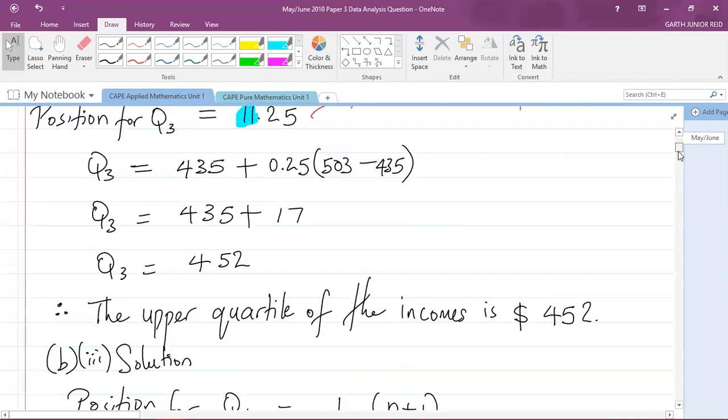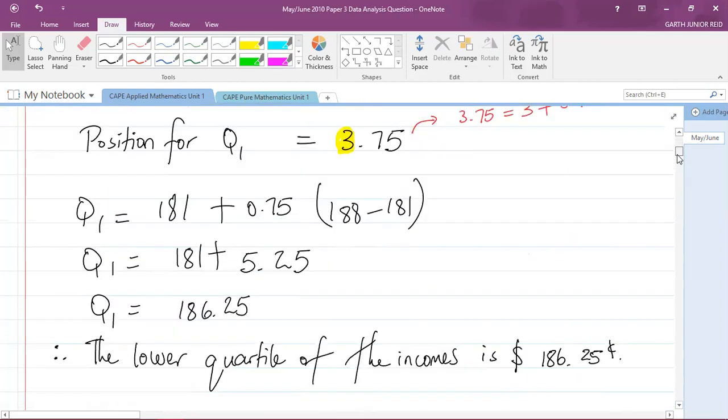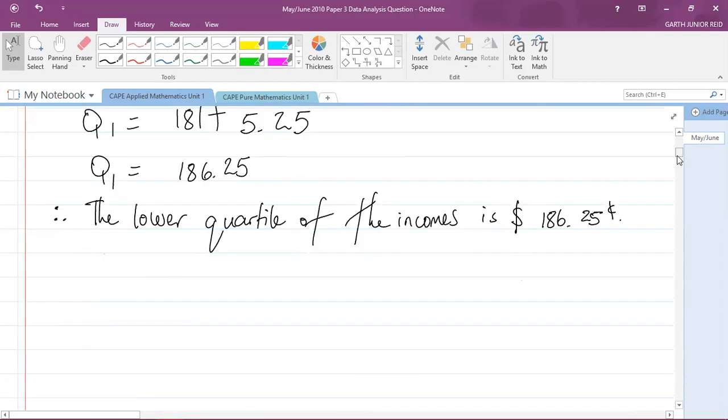All right, now how do you calculate range? So this is now part 4 of B. All right, so this is B part 4 solution. So how do you calculate range?